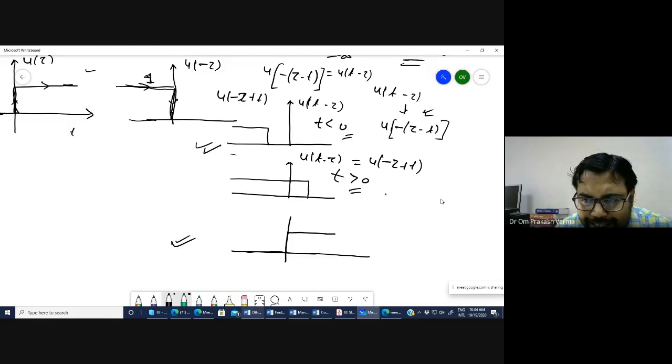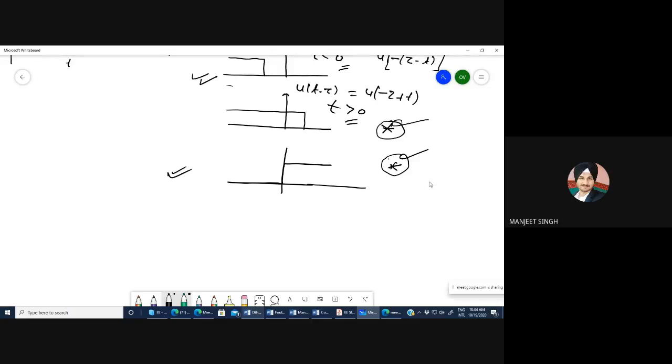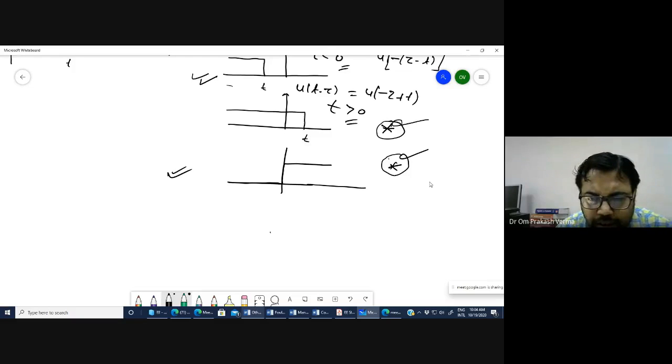When you multiply this signal with this signal, then what will you get? From 0 to t it will be 1, and everything else is 0. Very good. From 0 to t you will get a pulse signal. Yes or no?